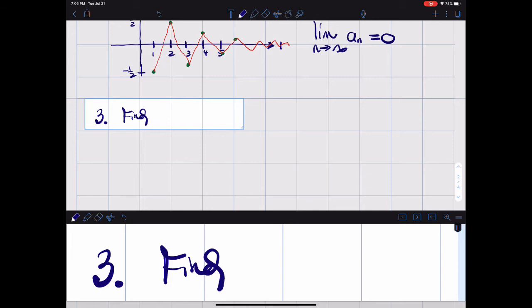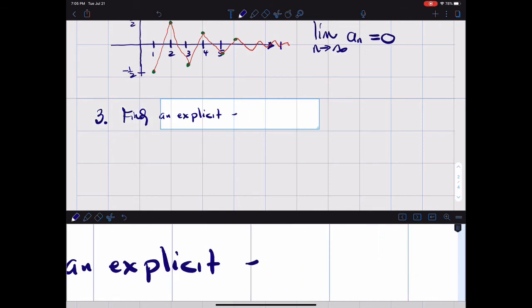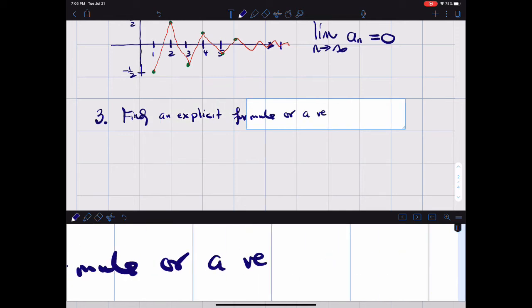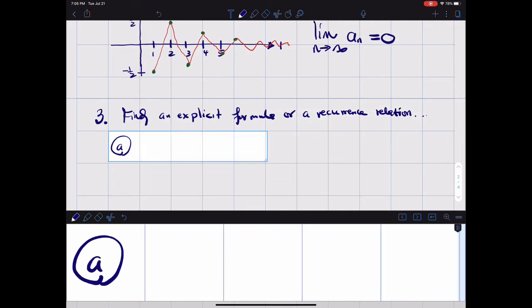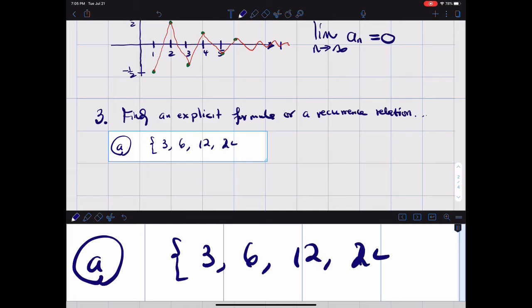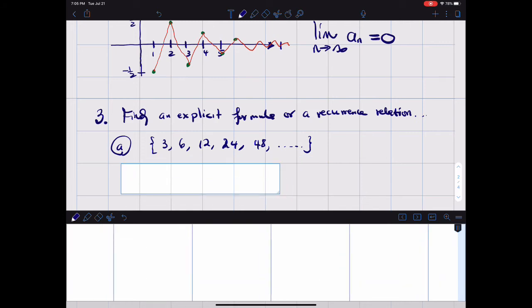We want to find an explicit formula or a recurrence relation for each sequence. So the first one, we have this sequence 3, 6, 12, 24, 48, etc. So let's see what's going on.